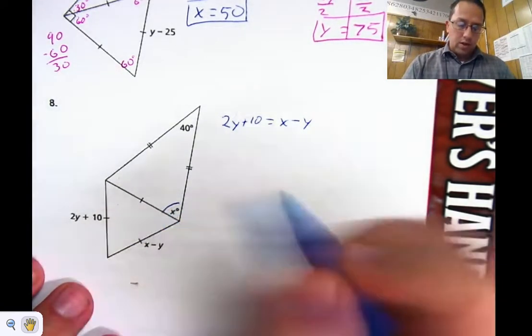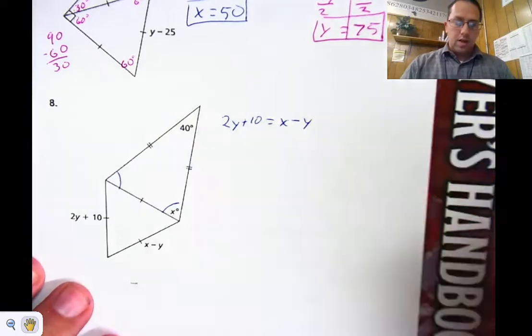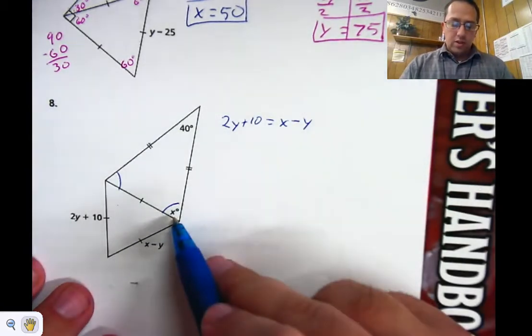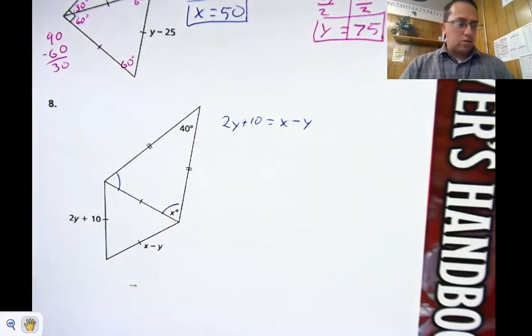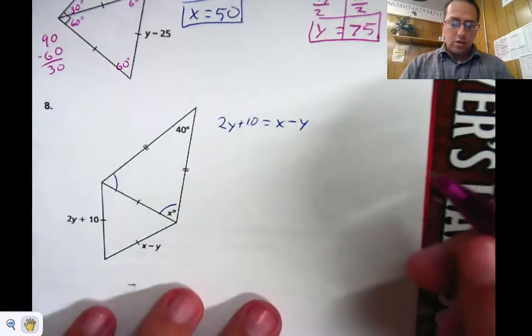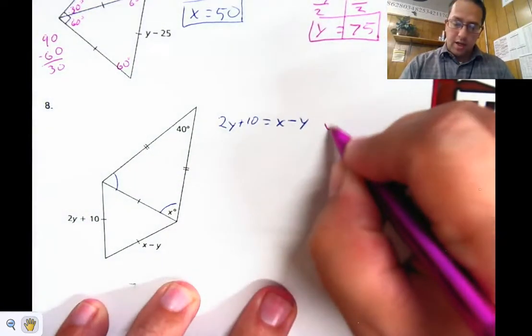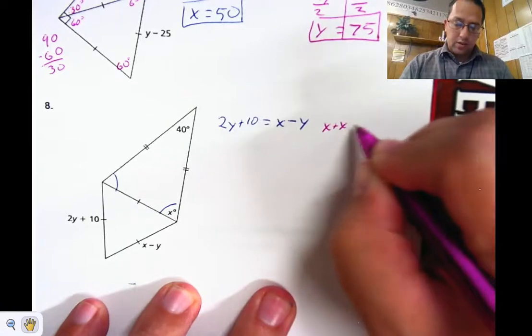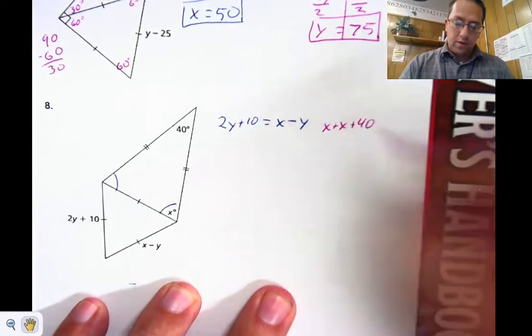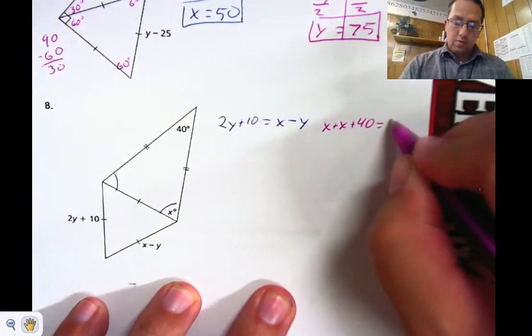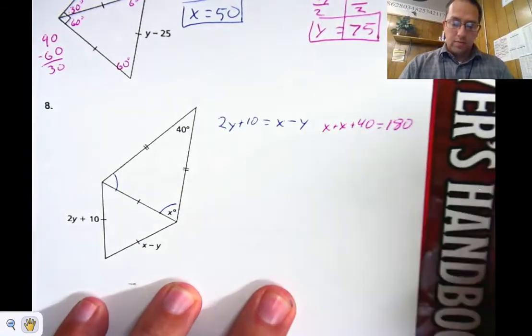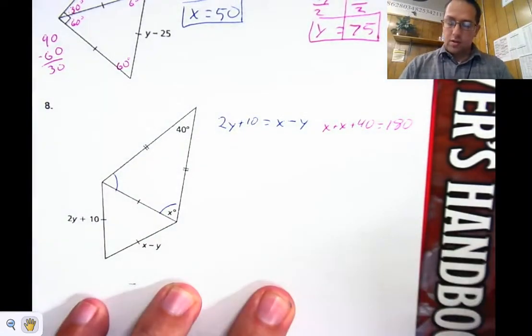So this angle right here is going to be congruent to that angle over there. So if this is x degrees, that is also going to be x degrees. So I can work this out. I have x degrees plus x degrees plus 40 degrees is going to equal 180 degrees, because that's the 3 angles of my triangle.